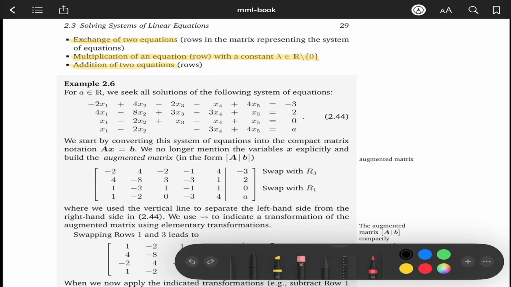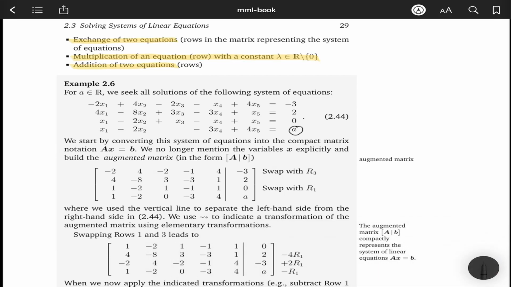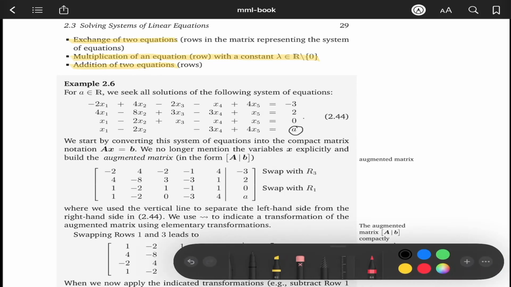On the constant side we have something called a, which is basically a number. It's not something we want to be able to change, but we just don't know it. We can think of it like 5 or 6, just a normal number, but we have the difficulty that it's unknown.